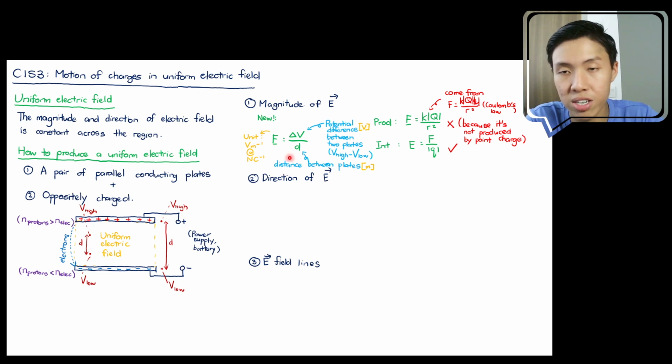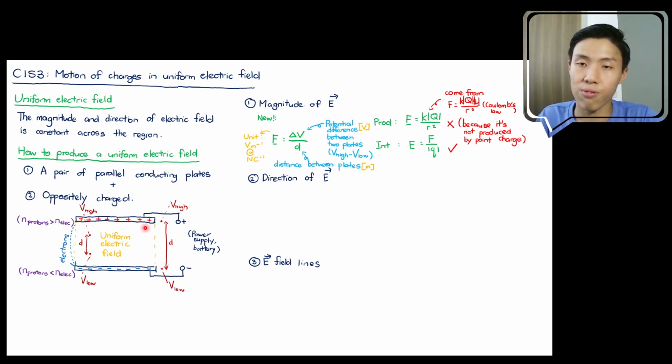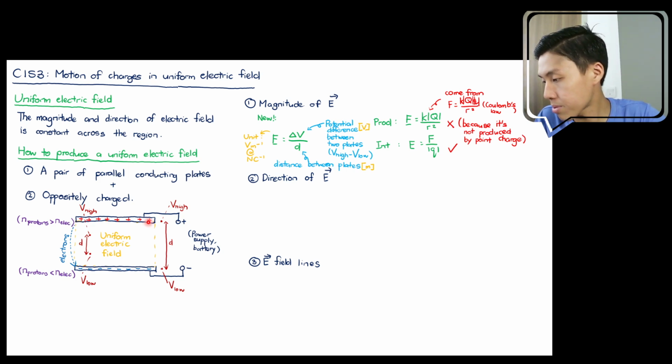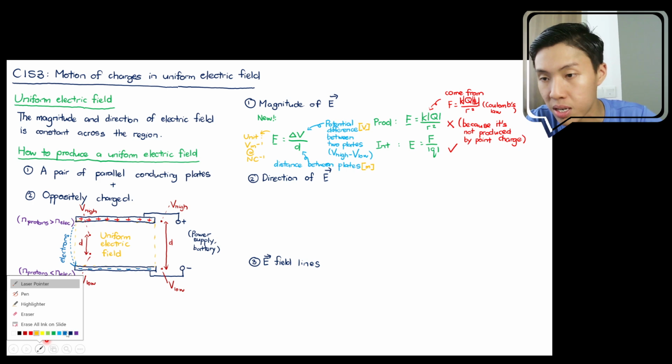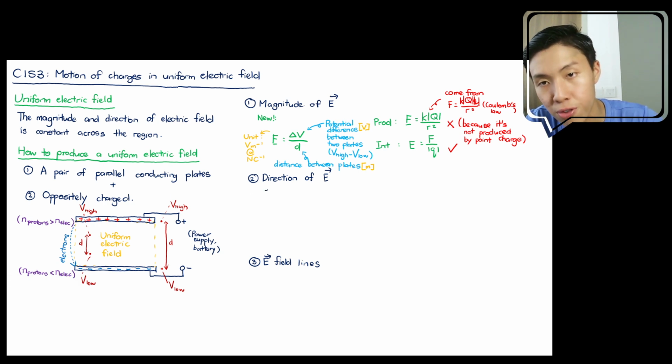Now we talk about the direction of the electric field. How do we determine the direction of the electric field? Well, it actually stems from what we have learned from the previous section. We know that the electric field is produced.